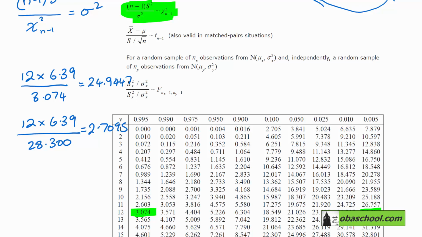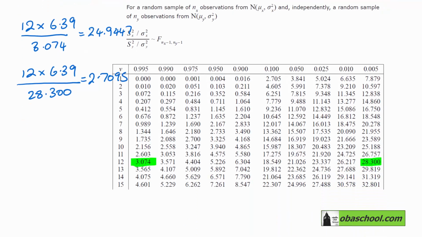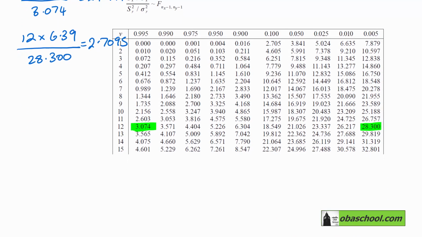And so our sigma squared will be between those values. So sigma A squared is going to be between 2.7095 and 24.9447.